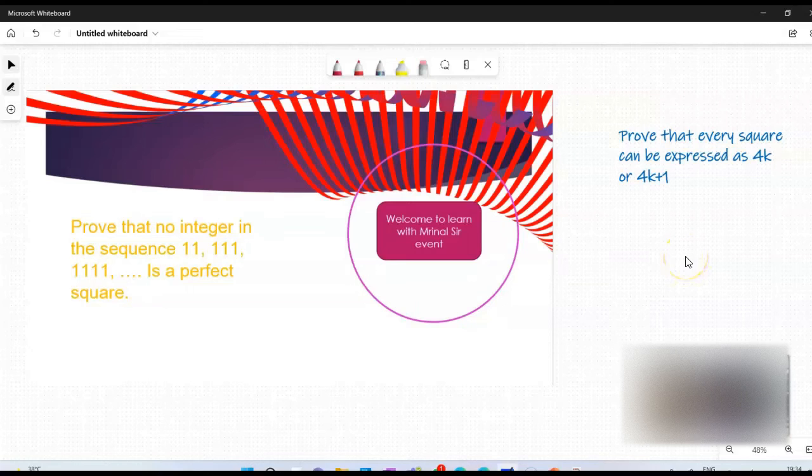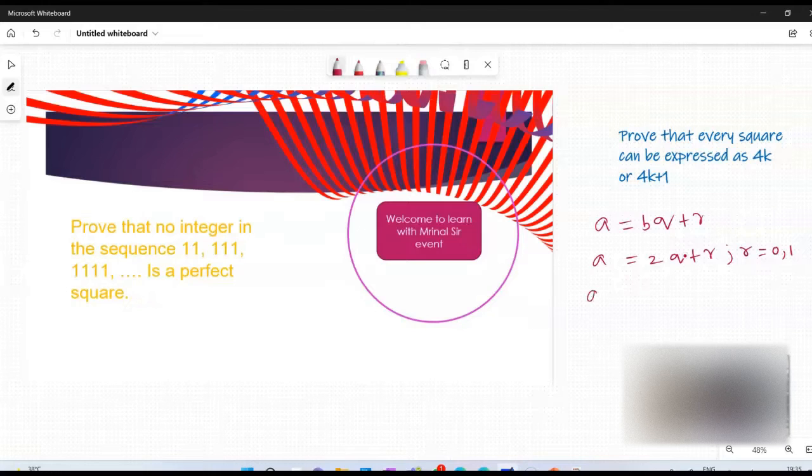Just to remind you, Euclid's division lemma, when you consider divisibility by 2, says that any integer a can be expressed as b into q plus r, and when you divide by 2, it will be of the form a equal to 2q plus r. This r has values 0 or 1.